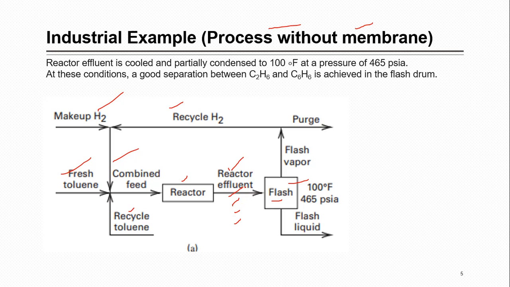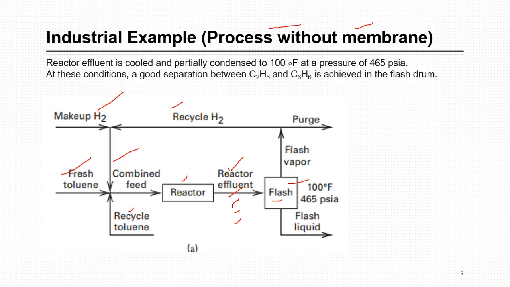That is not shown here, but it can be used. When the effluent passes through, it cools down and its pressure somehow decreases, and when you bring it to the flash vessel, due to density difference vapor will move to the top and liquid to the bottom, and they will get separated.